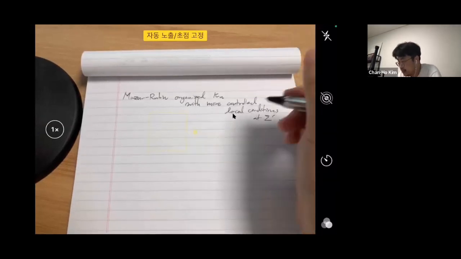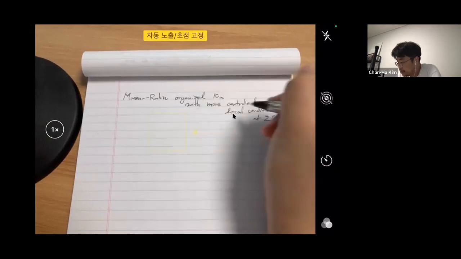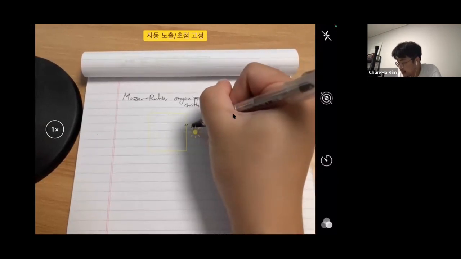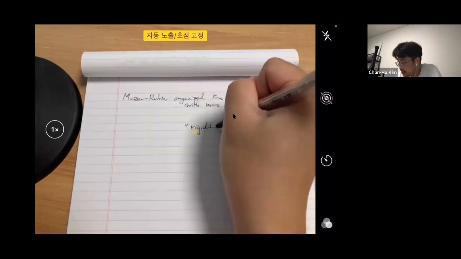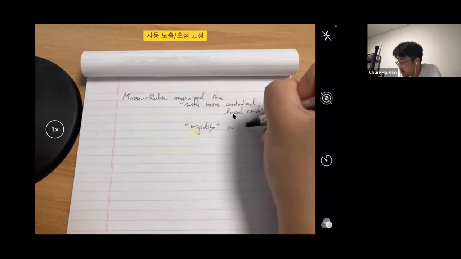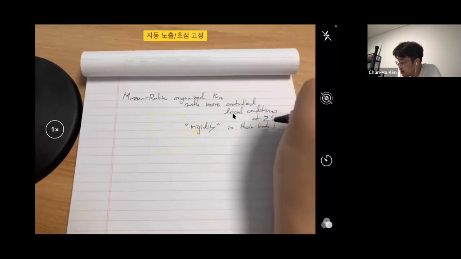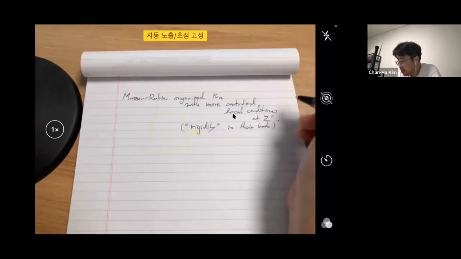That's what Mazur and Rubin did, to get more rigidity of their classes in their book. And these more controlled local conditions allow us to have the structure theorem.